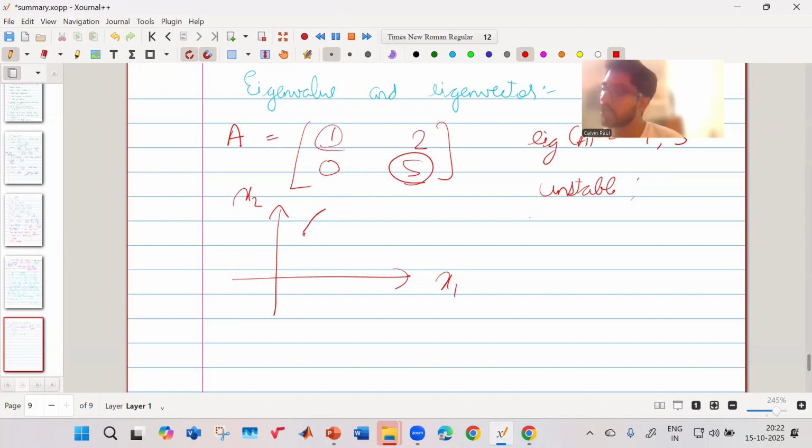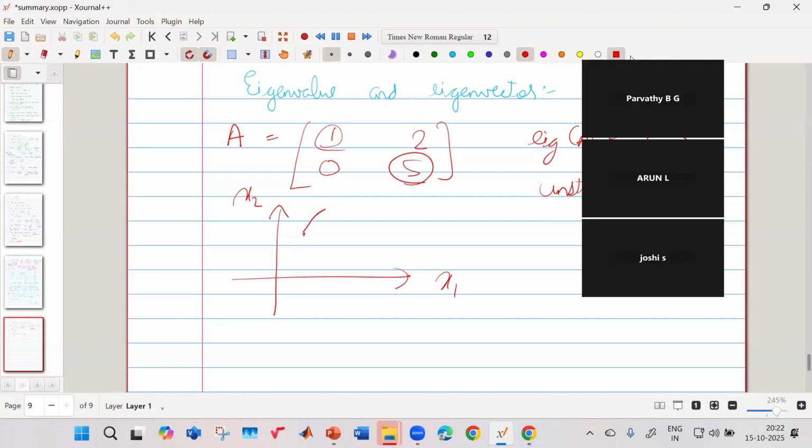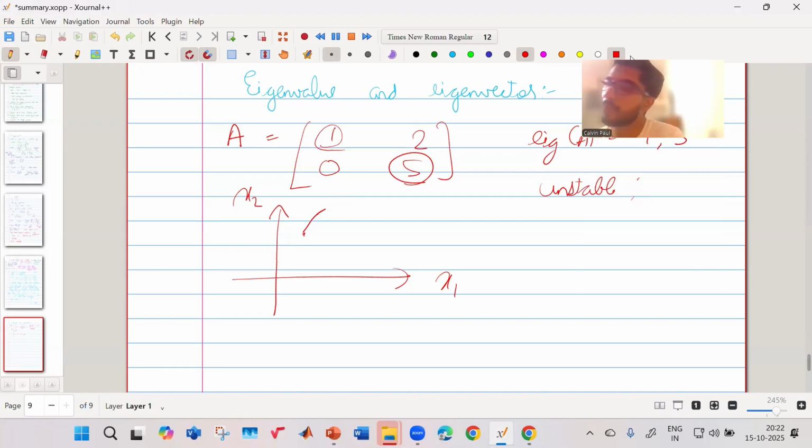And how Arun could directly tell what the eigenvalues are is because this is an upper triangular matrix, so your eigenvalues are your diagonal elements. Okay, your eigenvalues are your diagonal elements.